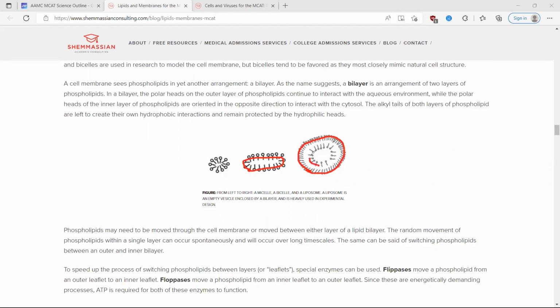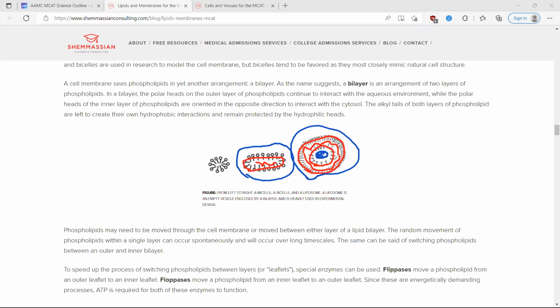So it's kind of even doubly effective, because before, for example, the water is out here and it's interacting fine with the head groups, and then inside is just nonpolar interactions, right? However, now we have nonpolar interactions between the layers, right? And then we have polar interactions, not only on the outside of the bilayer, but also on the inside of the bilayer, right?